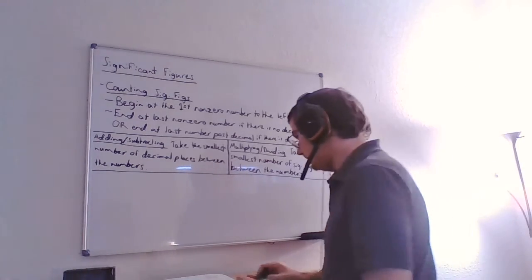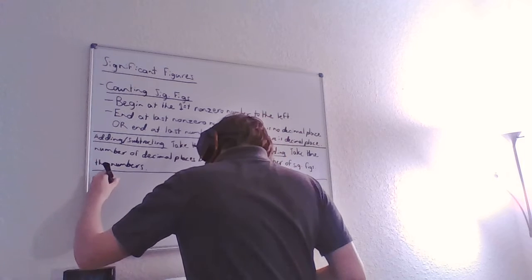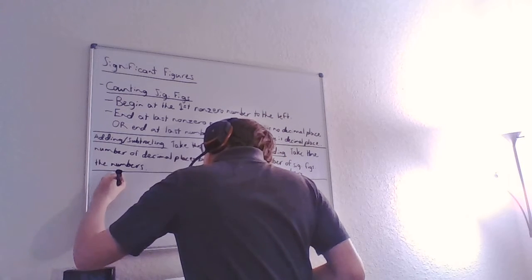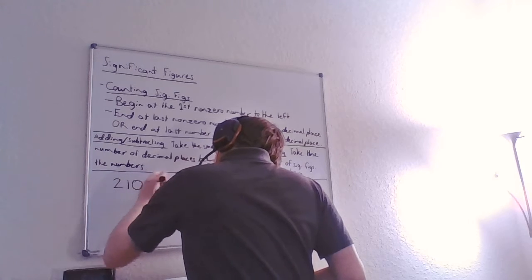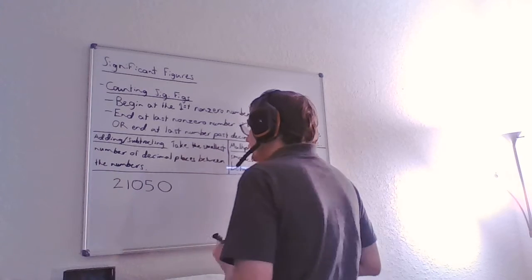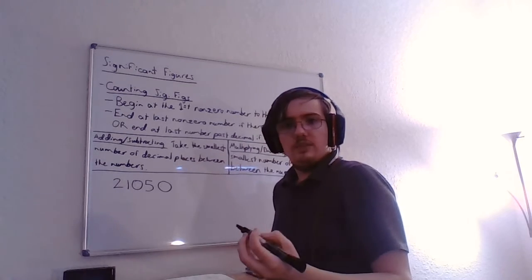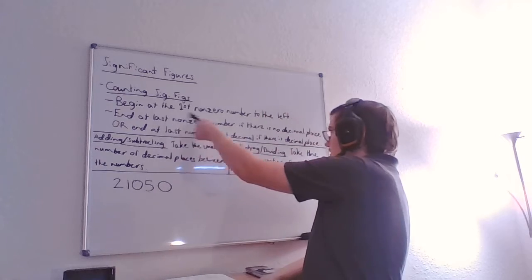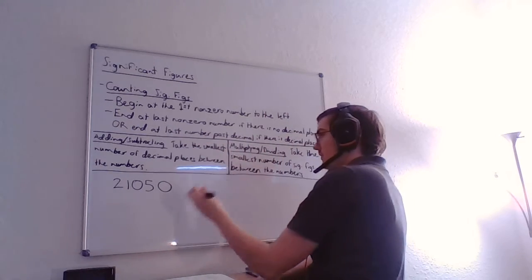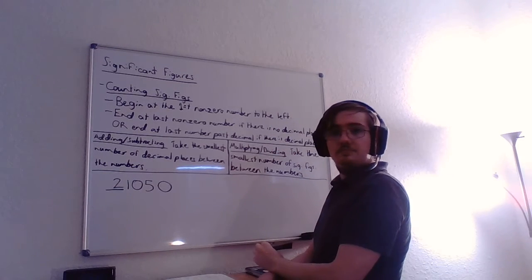So let's do a few examples here. Let's say we had the number 21050, and you were told to count up the number of significant figures. So we're going to start with the first rule. We start counting all the way to the left.